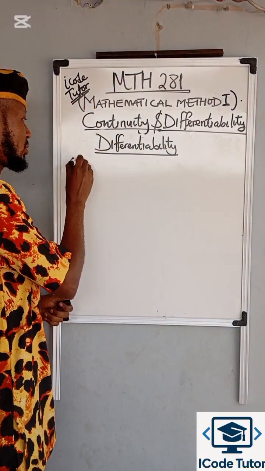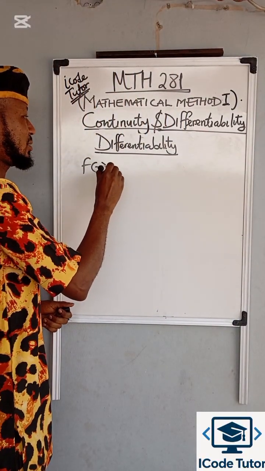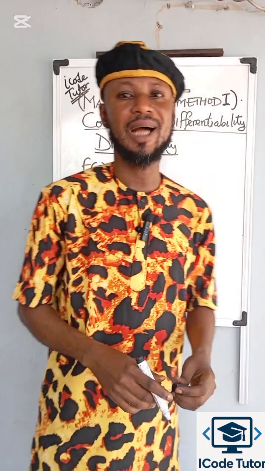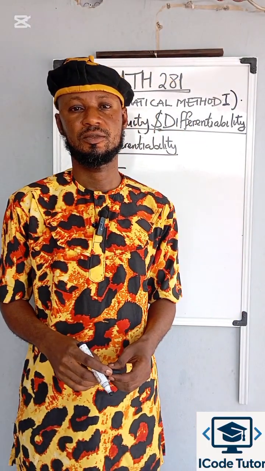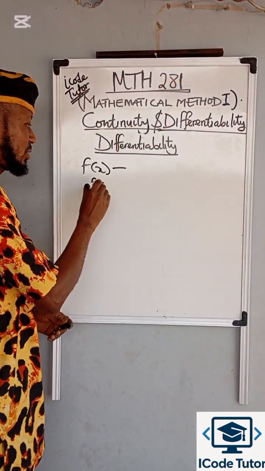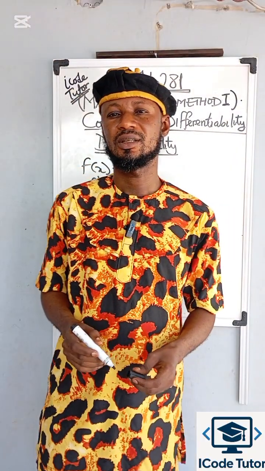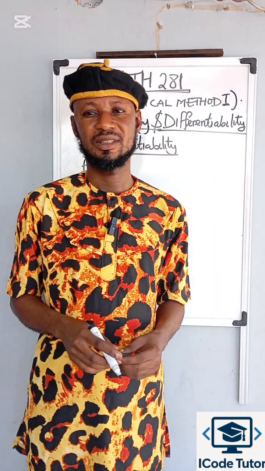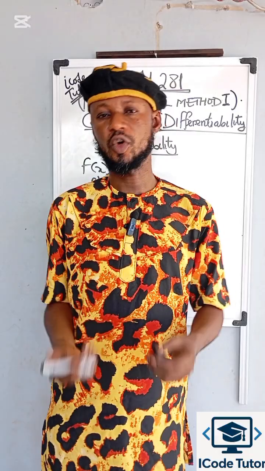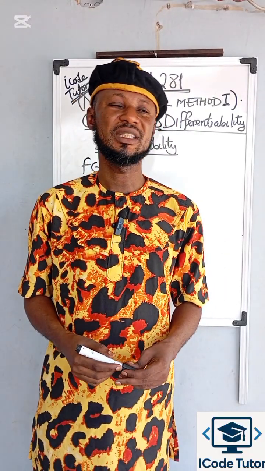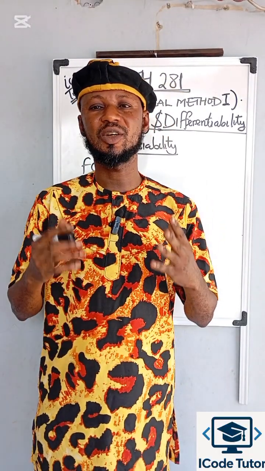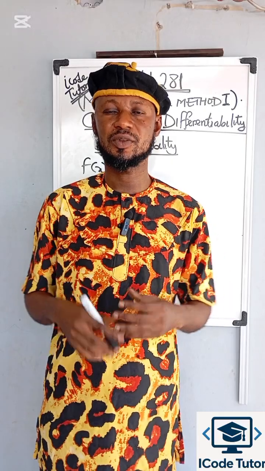What is the main idea behind differentiability of a function? A function f of x is continuous at some points, and the first derivative of f of x is the derivative, whether it is continuous or not. Differentiability describes the continuity of the first derivative function.